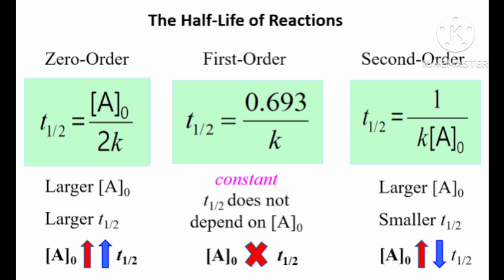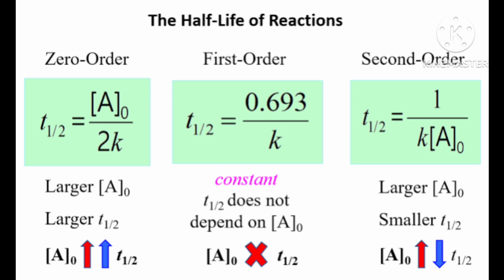Now T half is equal to 2.303 divided by K, into log 2. Now you put the log 2 value, then you will get T half is equal to 2.303 into 0.301 divided by K. You multiply both: 2.303 into 0.301 is in the numerator, and K is in the denominator.